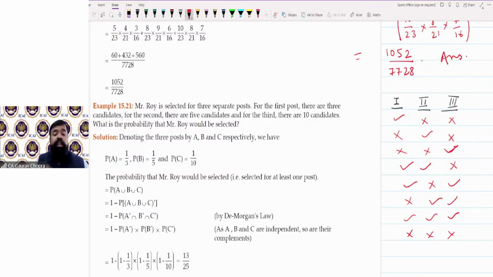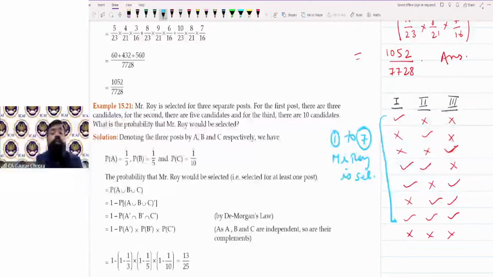That means these are the exhaustive events. Now, there are two ways to solve the question. One is shortcut, other one is lengthy. So what is the lengthy method? From 1 to 7 cases, Mr. Roy is getting selected. So add all these possibilities. But this is very, very lengthy.